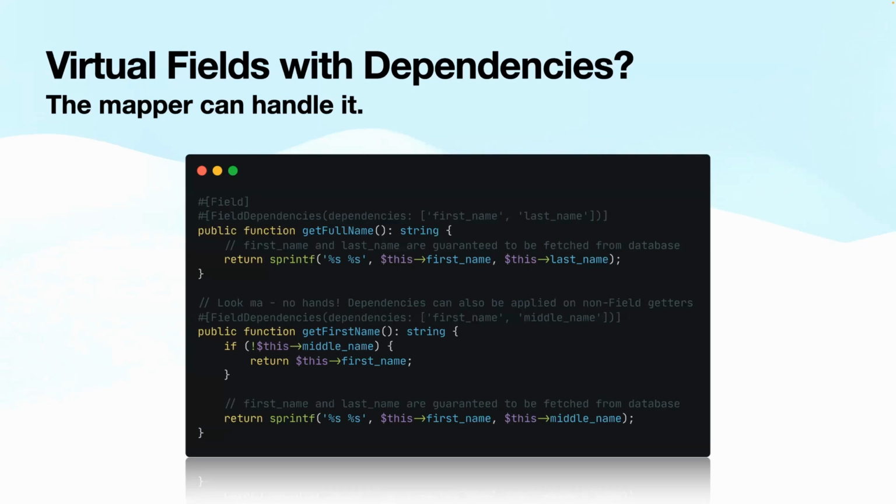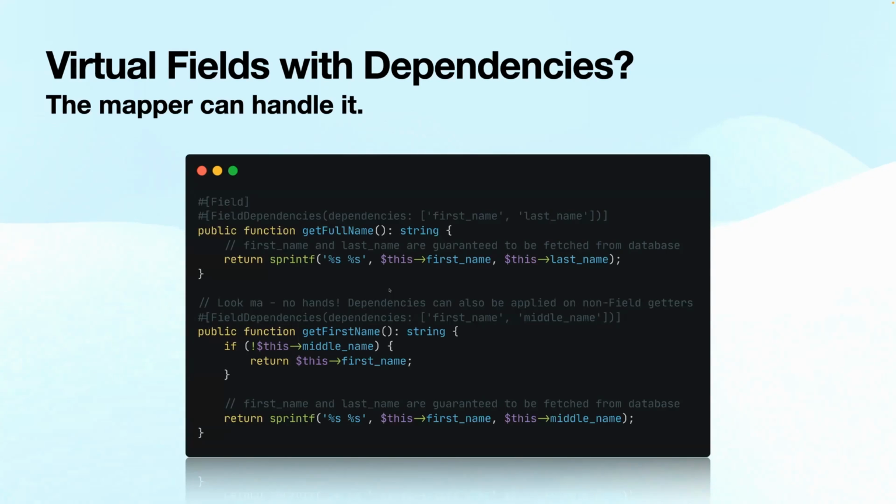So I skipped the slide earlier, which is virtual fields, which is a common use case. So you may have a user class which has a first name and a last name, but you may want a virtual field full name. And because we are only selecting the fields that the user requests, we have a problem because, well, if the user requests the full name, we don't load the first name and last name from the database. So what do we do?